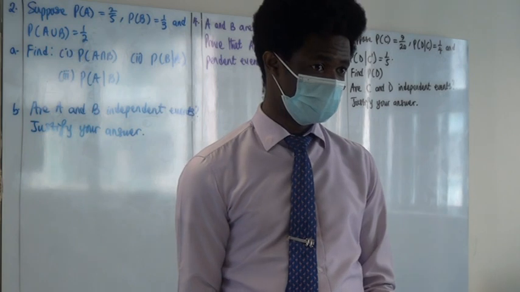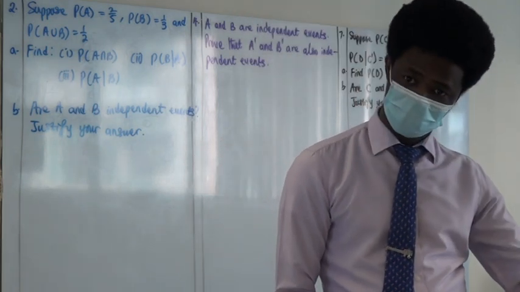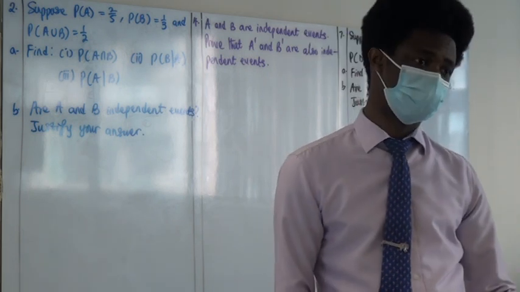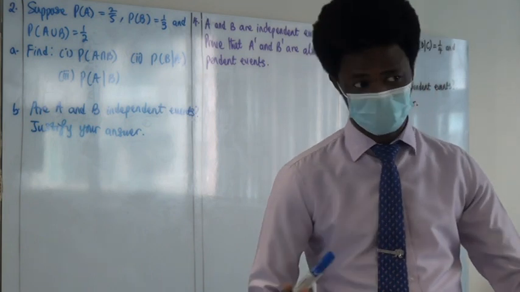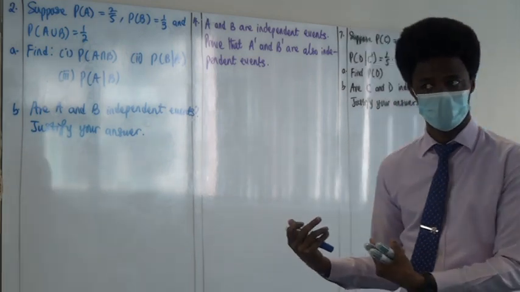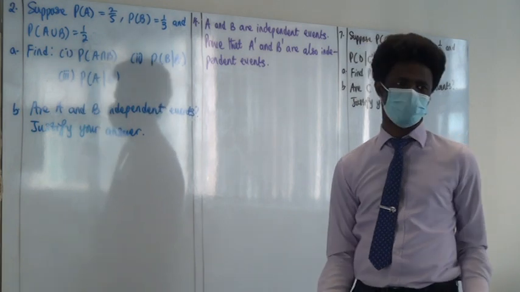We know that. The fact that she comes to school tomorrow does not affect my coming or my not coming. So this is something we know: if A and B are independent, their non-occurrence must also be independent.